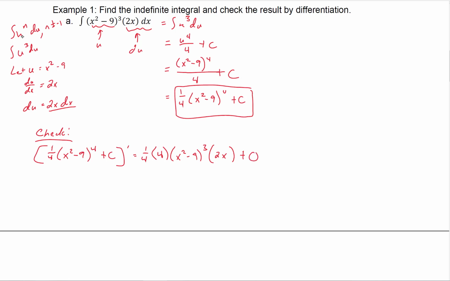Cleaning this up, that gives us (x squared minus 9) to the third power times 2x, which is the original integrand. If you've done your antiderivative correctly, when you check it, you should always get the original integrand back. So we did, we've got the right answer, and we're done.